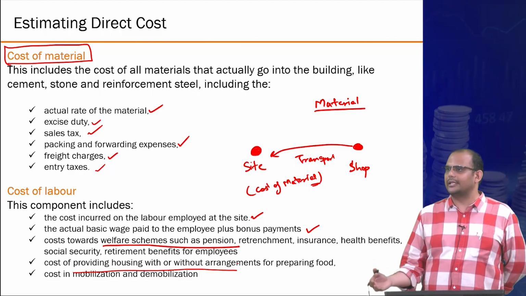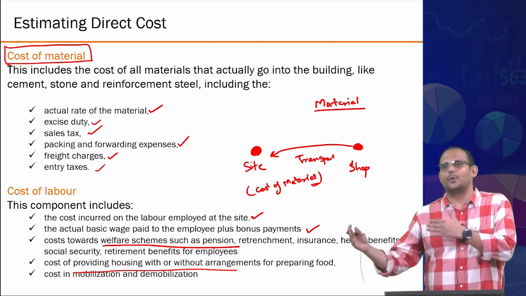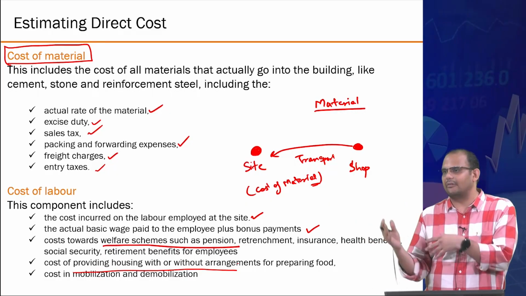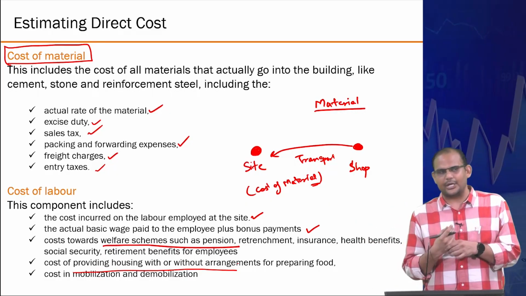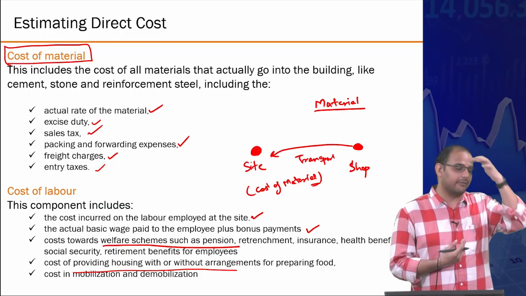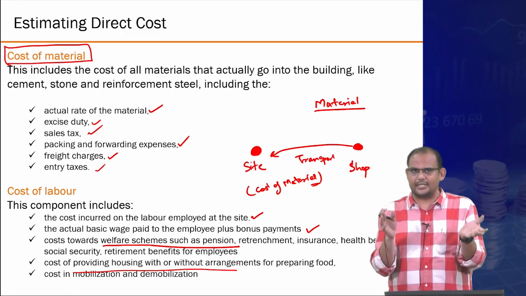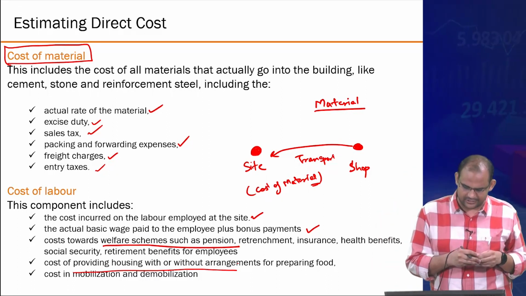You need to deal with it, you need to have a suitable facility for labor to live in because you don't want them to travel every morning from somewhere, or sometimes your schedules are working at night. So they need to have a labor camp nearby where their families will also live and things like that. So these are all part of your cost of construction projects.